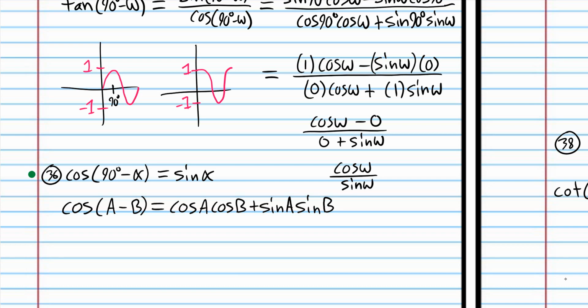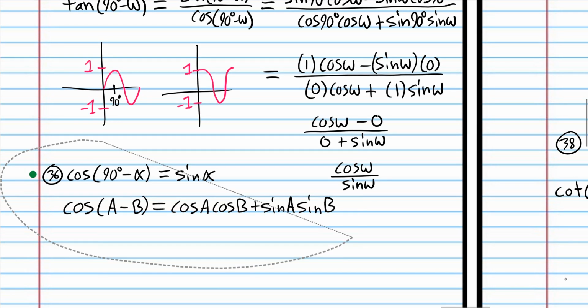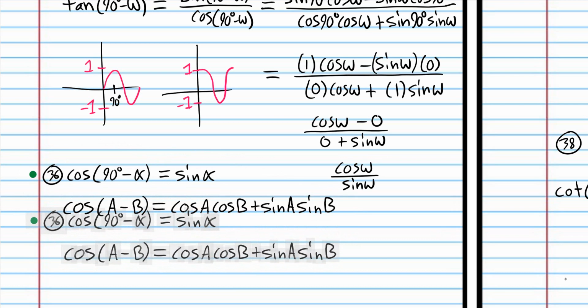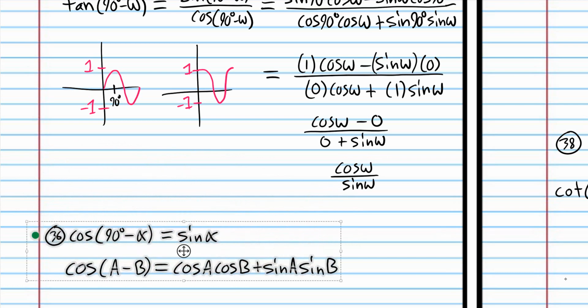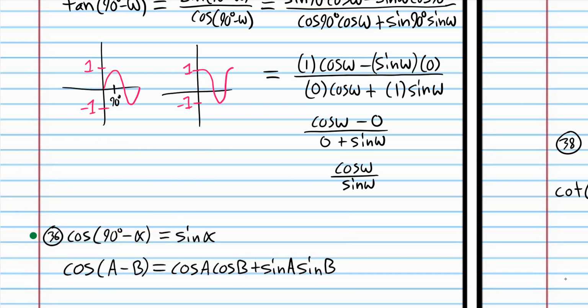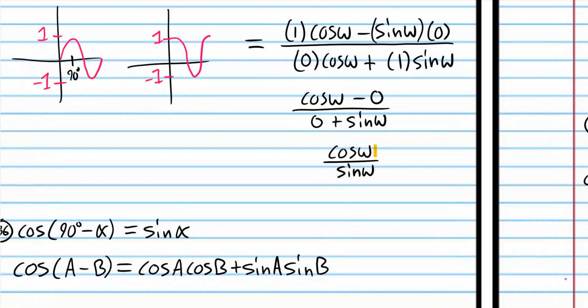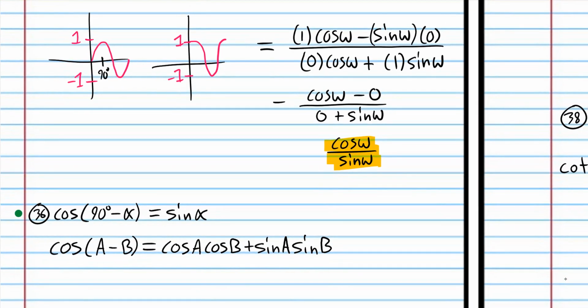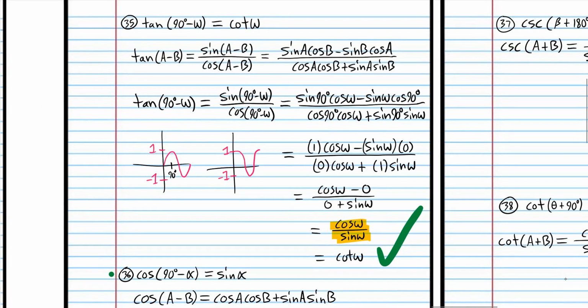Sorry, we're running out of room. And of course, that's a ratio identity. That's equal to cotangent omega. So we proved it. We found what that equals just by using a difference formula.